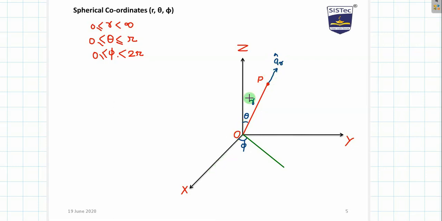Now theta starts from the z-axis and it is increasing in this direction. So we will have this curve, as theta is increasing in this way. See how it is increasing, it is increasing in this direction.